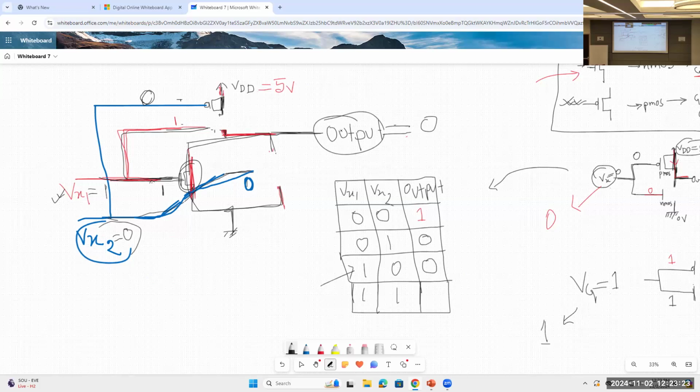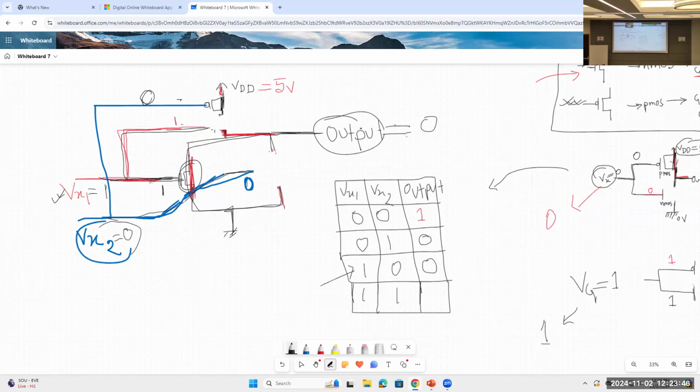Okay. So what is happening here? What is the summary of the operation? Sometimes the output is connected to VDD, sometimes the output is connected to 0. These 4 MOSFETs, 2 NMOS and 2 PMOS, are being turned on and off to make connections between the output and VDD or the output and 0.